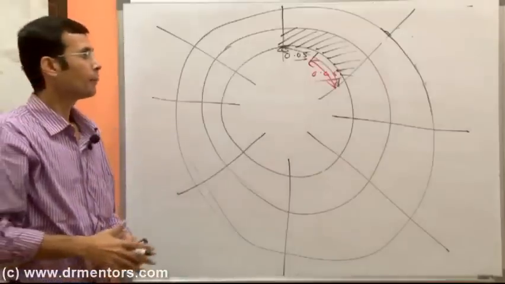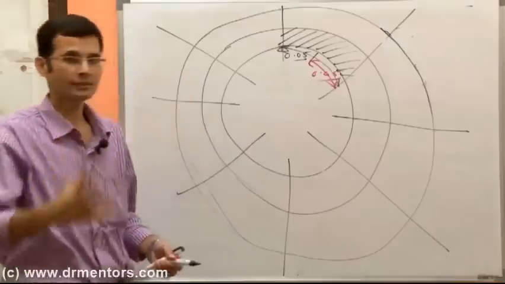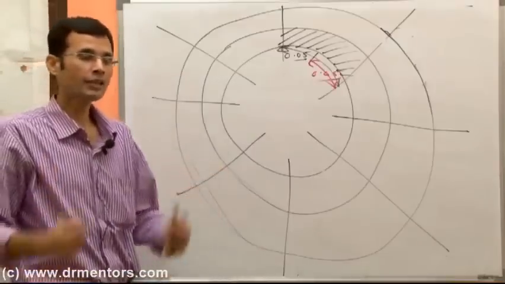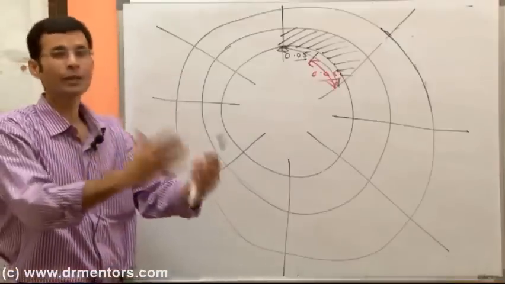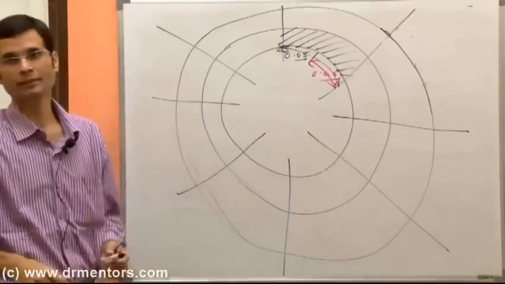Why? Because as the ventricular ejection starts, we will see that later, and blood starts filling into the aorta, pressure goes on increasing.